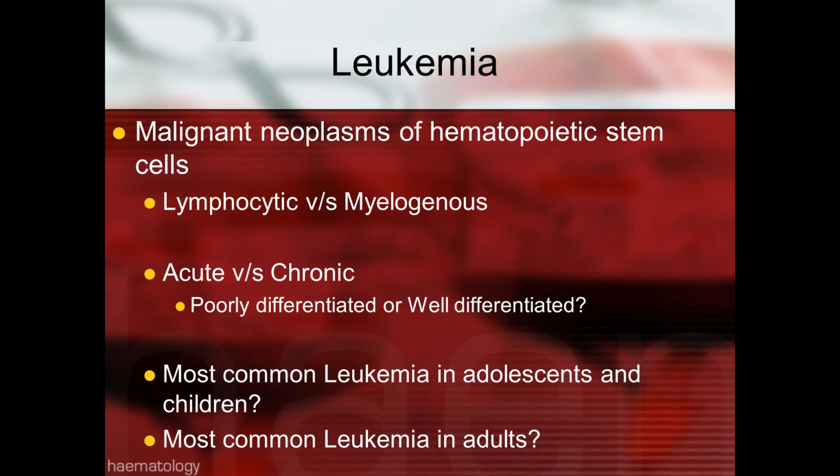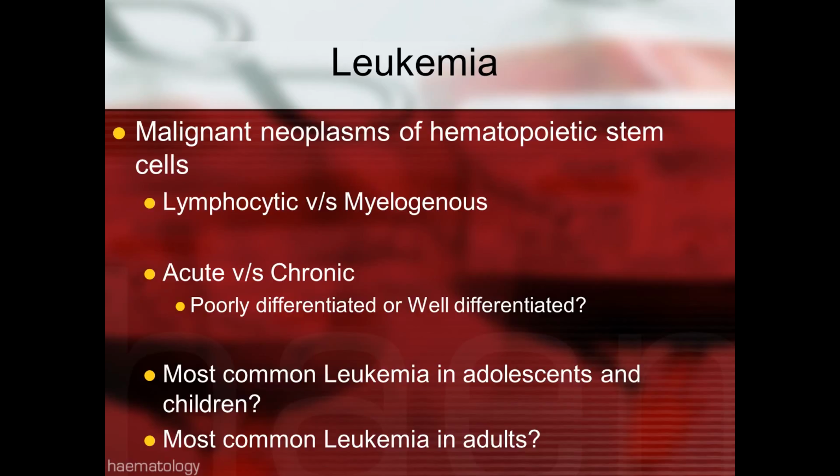We talked about lymphocytic versus myelogenous. So the lymphocytic cells are the ones like I just told you about. The myelogenous cells involve myeloid stem cells in the bone marrow, and they interfere with the maturation of all blood cells, including your granulocytes, your erythrocytes, and your thrombocytes. So that's kind of the difference.